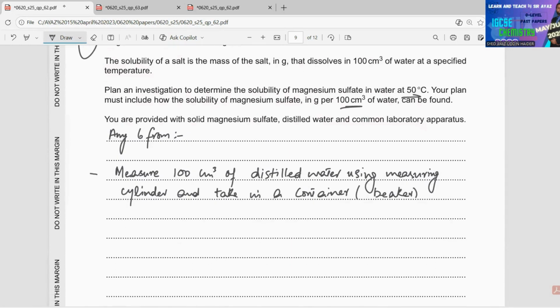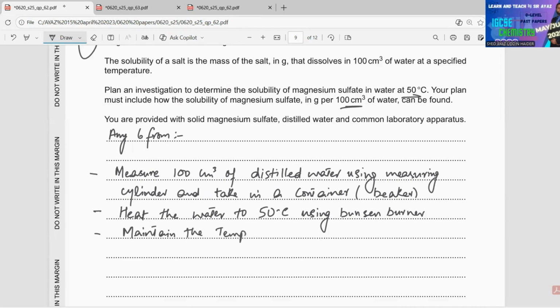Second point, heat the water to 50 degrees centigrade using a Bunsen burner. Then we have to maintain the temperature of the water using a thermometer.